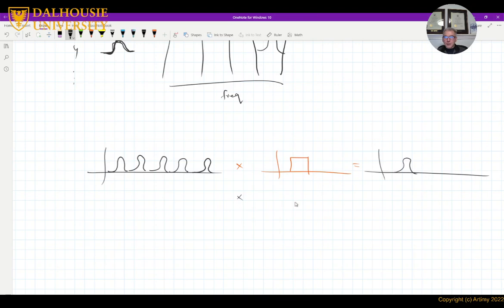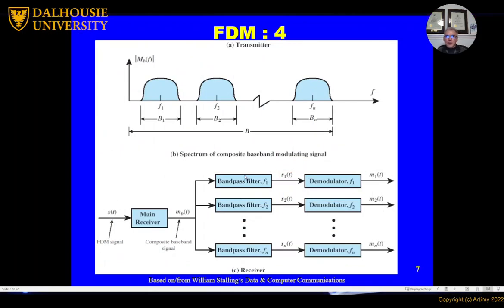And if I multiply the input signal here with another bandpass filter, all the other channels will disappear and I will leave only the second channel, and so on. This way I can pass the signal that came from the receiver through multiple filters.